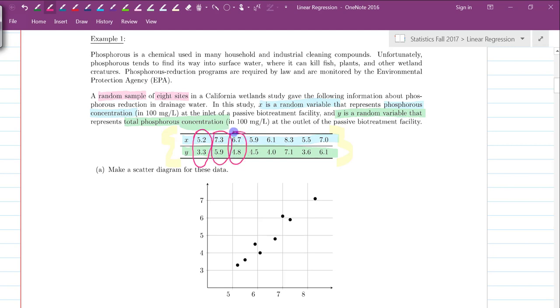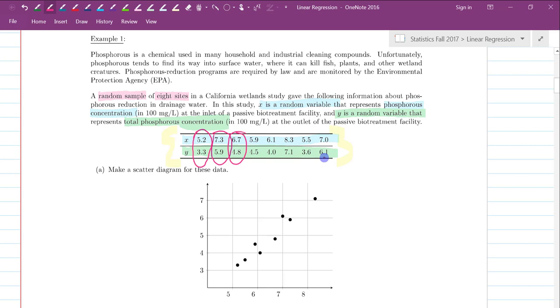You cannot put the 5.2 with the 5.9 and then the 5.9 here with the 7.1. You must keep the 5.2 with the 3.3, the 7.3 with the 5.9, the 6.7 with the 4.8, the 5.9 with the 4.5, and continue on. You must keep those as matched pairs. That's how you find out if there's a relationship.